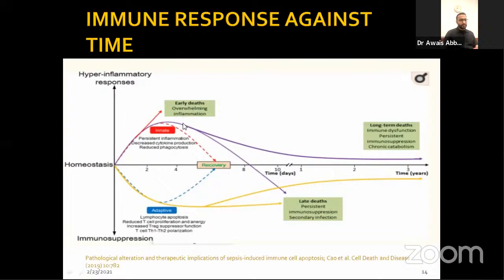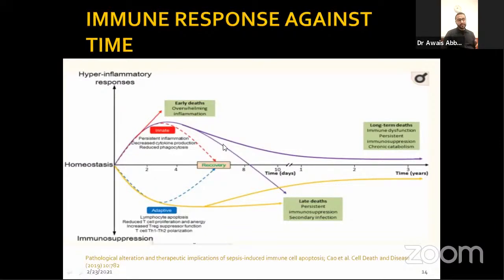The second arm is that this early death because of overwhelming inflammation usually is not seen in the immunosuppressed category, as it is not mentioned here in the lower half of the figure. If the patient somehow manages to go through this stormy and turbulent phase of inflammation, that hyperinflammatory response patient might take another loop and go down to the immunosuppressive stage with persistent immunosuppression that will result in development of secondary infections, and that can potentially cause late deaths.